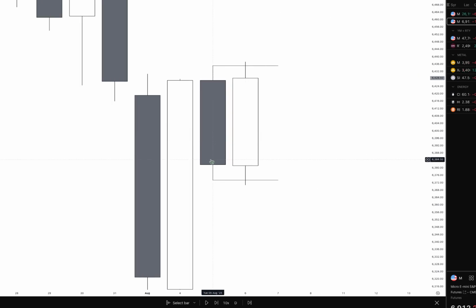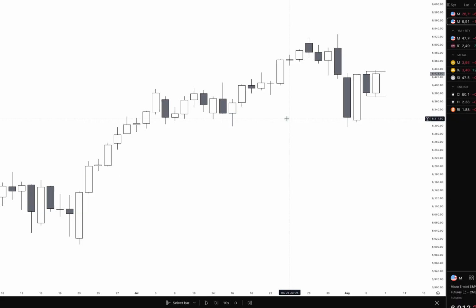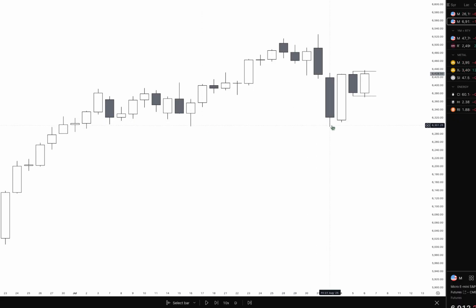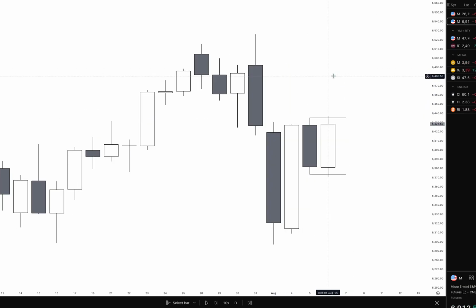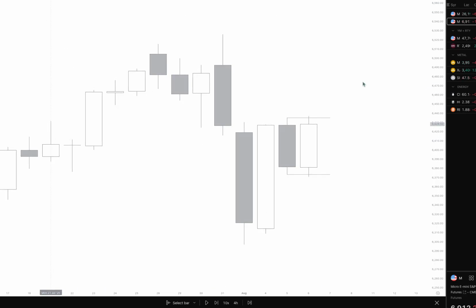If you can see, overall, I'm bullish. We're coming from this swing point, manipulated that swing point, traded higher, retracement. I'm looking for manipulation to this low, so then price can expand higher.